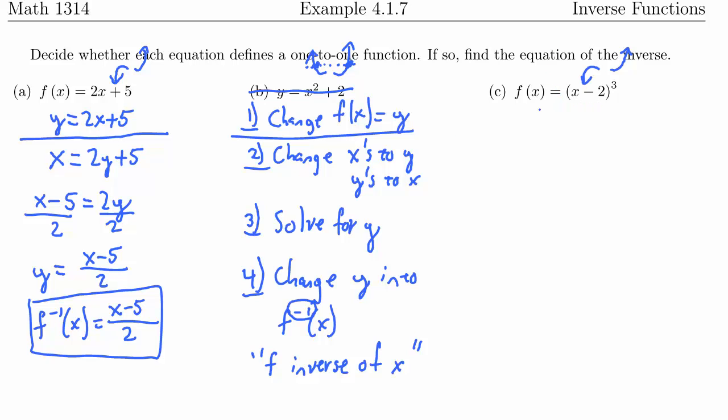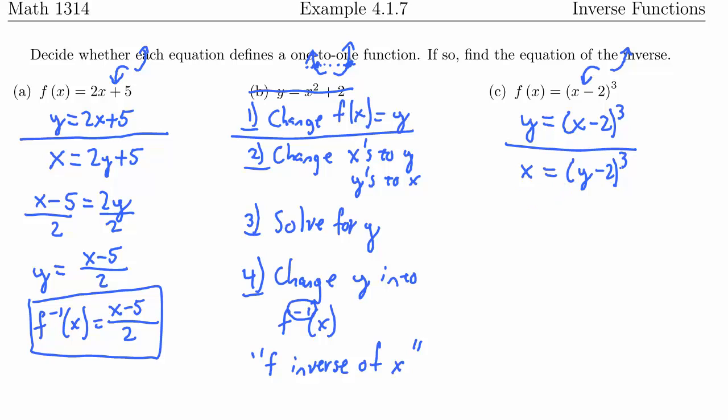Let's look at letter C. Following these steps again, change f of x to y. So y equals x minus 2 cubed. Draw your line. Make x equal to y minus 2 cubed. Now solve for y.